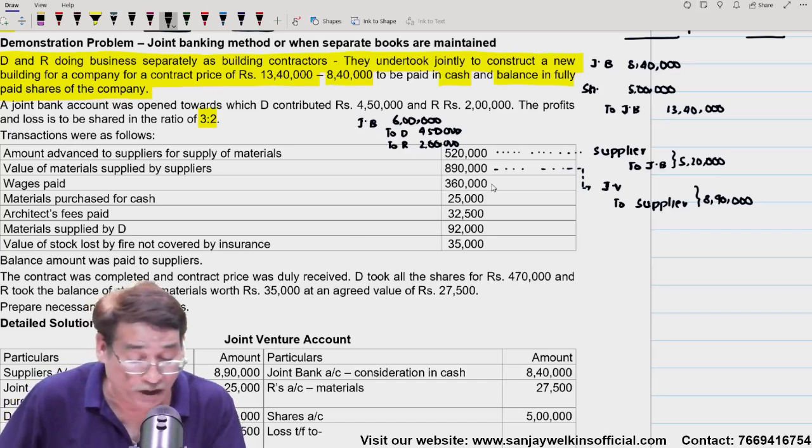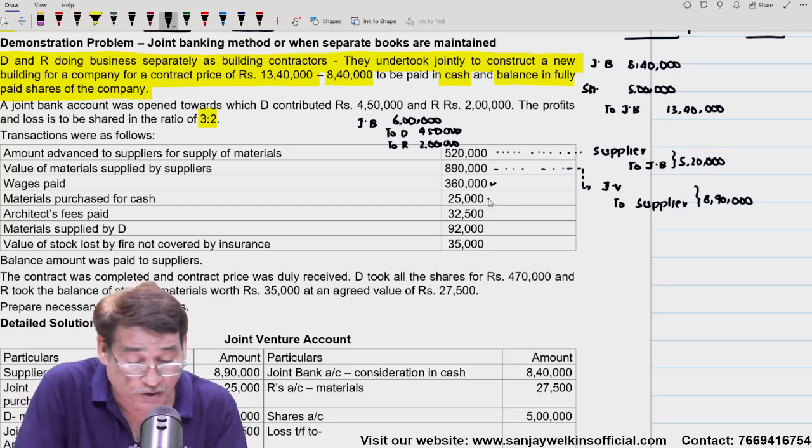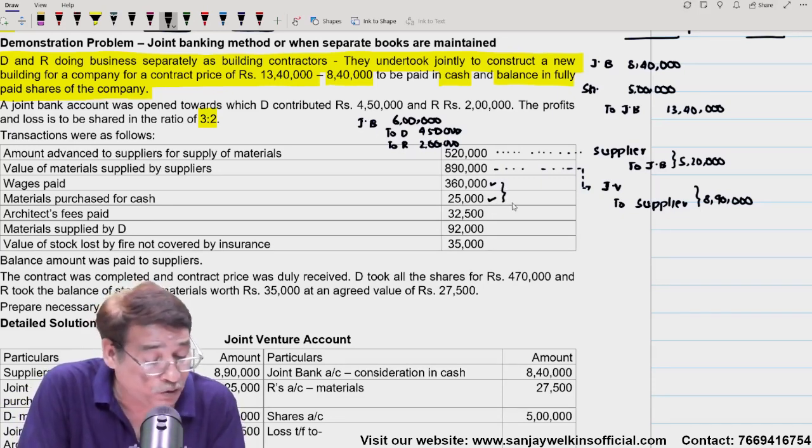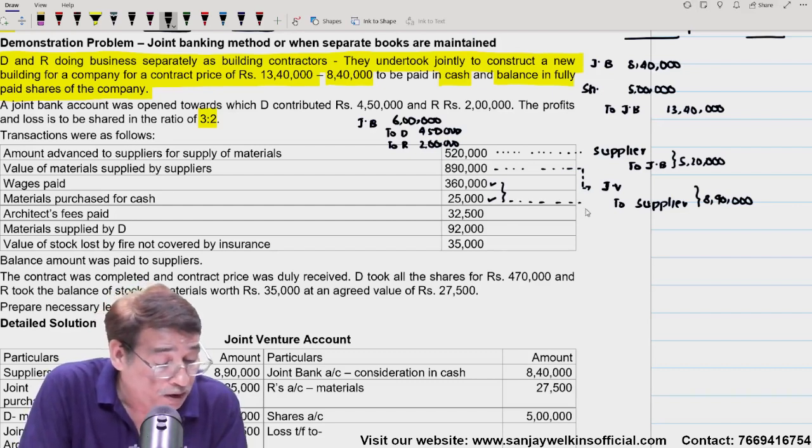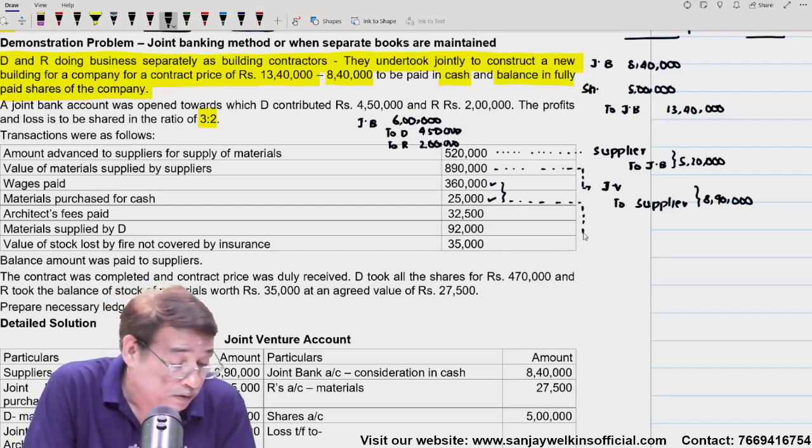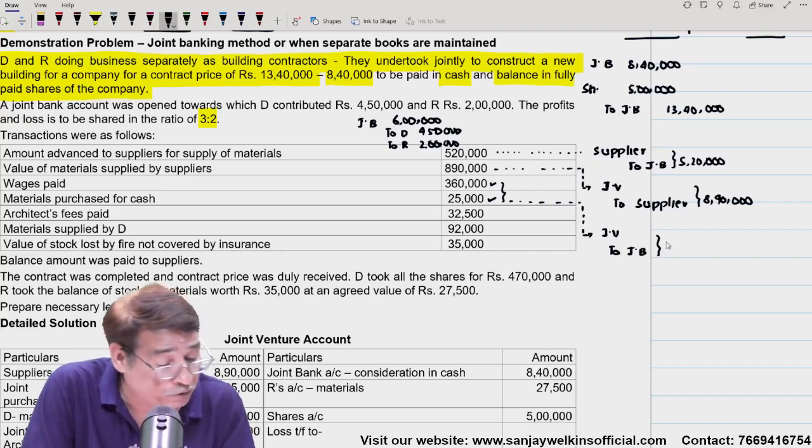Further, it is given wages paid 360, material purchased 25,000. So the entry for these expenses will be joint venture account debit to joint bank account. That is equal to 360 plus 25, 3,85,000.